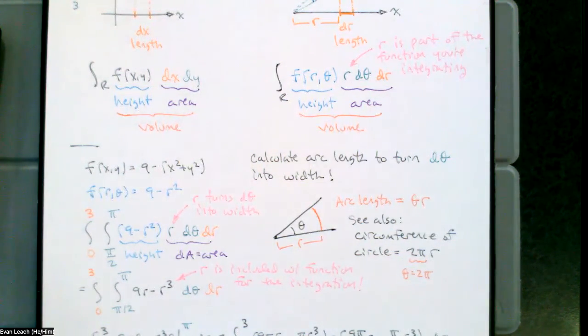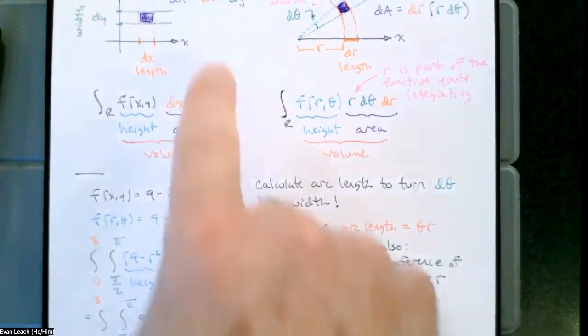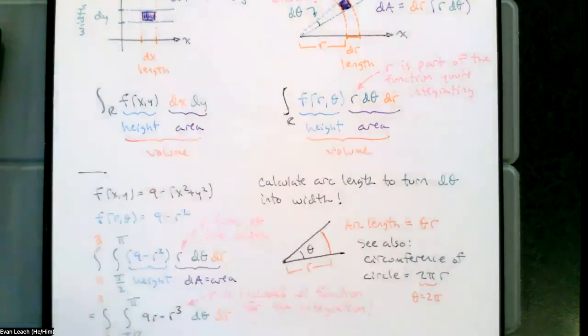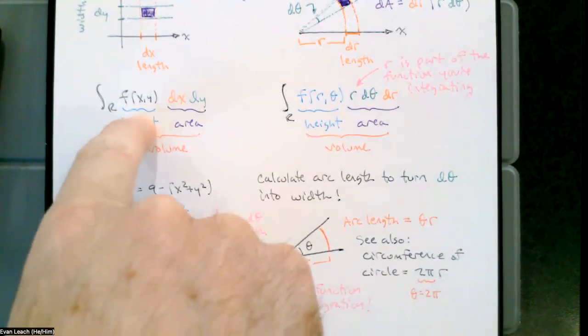Here's the big thing. Once again, dA is dx times dy. Length times width is area. This is important because eventually this is going to be dx, dy, dz. Length times width times height is volume. Oh, well, I guess this is just going to be 4-dimensional volume.